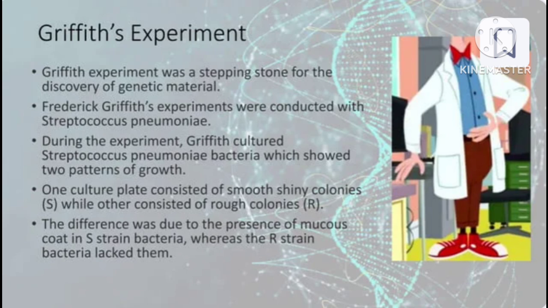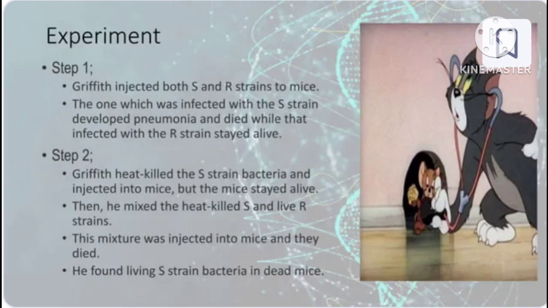One culture plate consists of smooth shiny colonies while the other consists of rough colonies. The difference was due to the presence of a mucus coat in S-strain bacteria, whereas the R-strain bacteria lacked it.